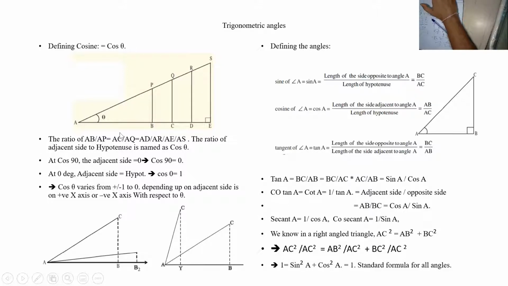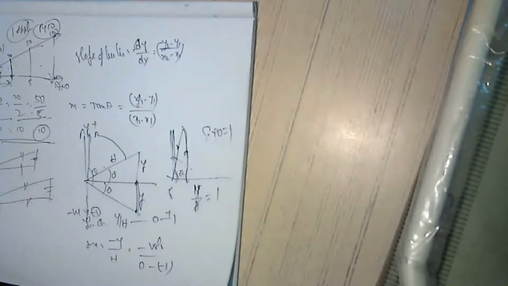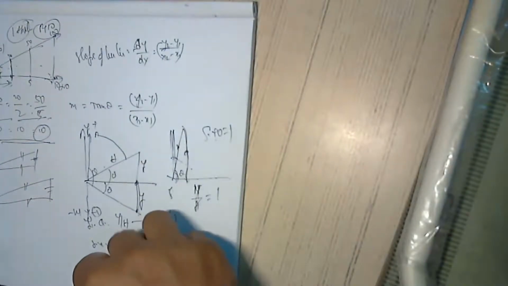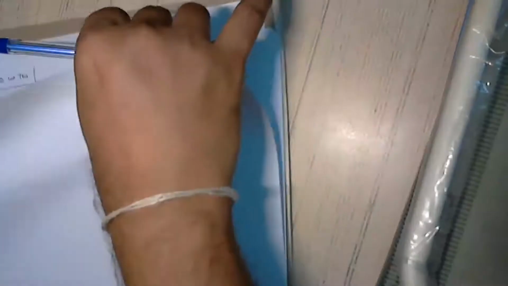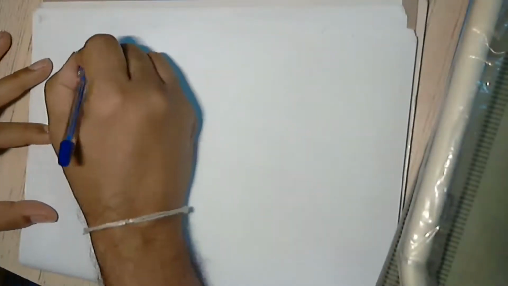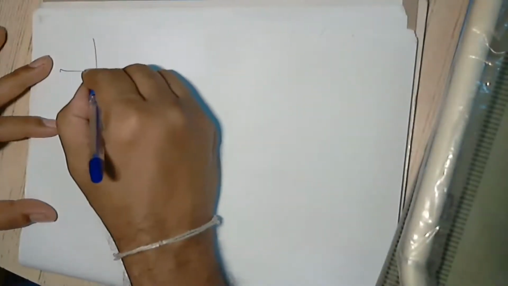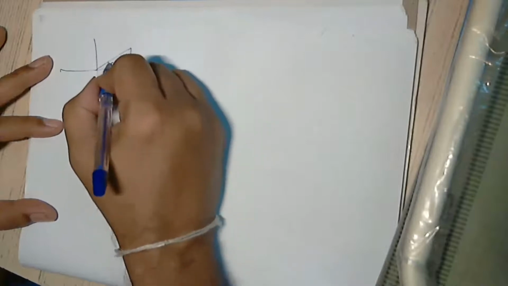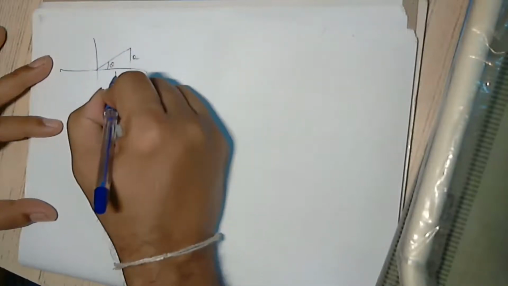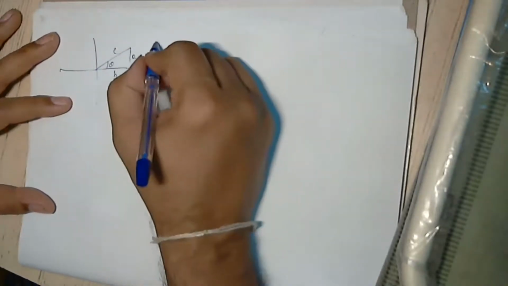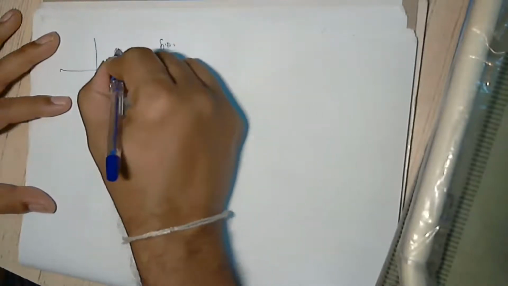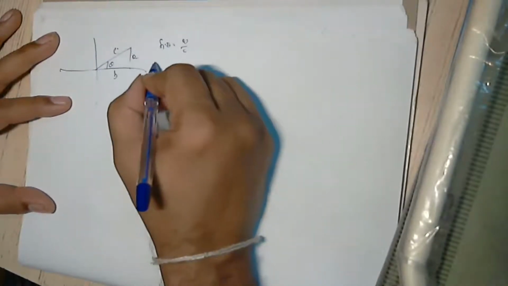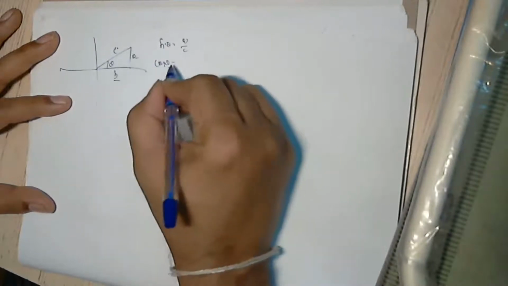Let us understand these four fundamentals. This is theta. This is A, this is B, this is C. So what is sine theta? Opposite side by hypotenuse. What is cos theta? Adjacent side by hypotenuse.